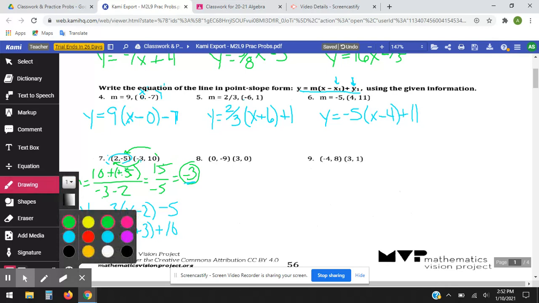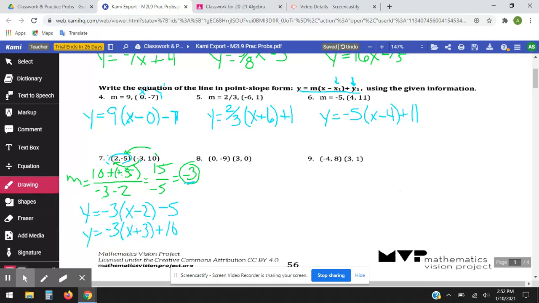Okay, let's try the next one, slope. We're going to subtract the y's and subtract the x's. So m equals 0 minus -9 over 3 minus 0. Well, that gives us a 9 over 3, which is a positive 3 this time.